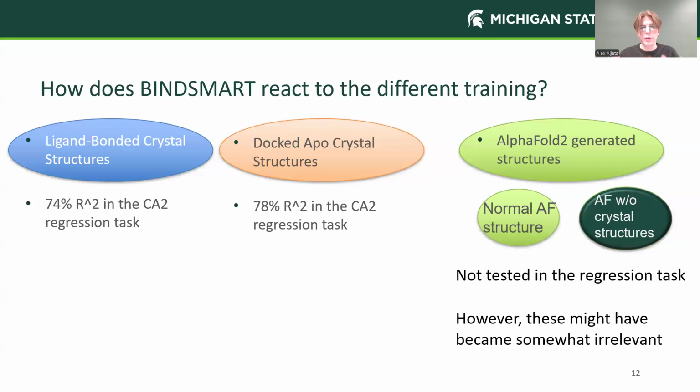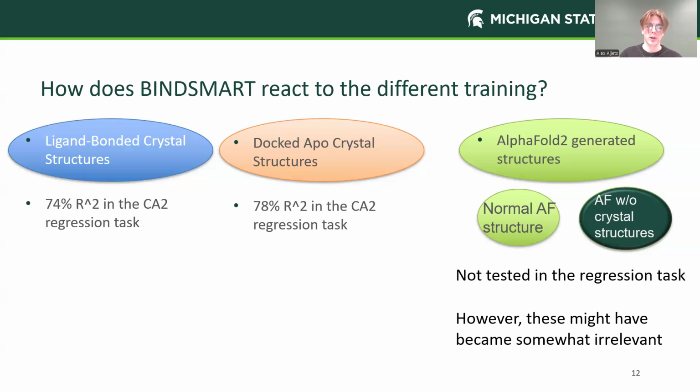To revisit the three different kinds of structures: the crystal structures, 74% R squared; the apo structure, 78% R squared. And then the AlphaFold 2 generated structures: I was able to generate a normal AlphaFold structure for CA2, and then one without reliance on crystal structures, because we wanted to simulate how we were testing with OATP, which had a ton fewer crystal structures to reference than CA2.